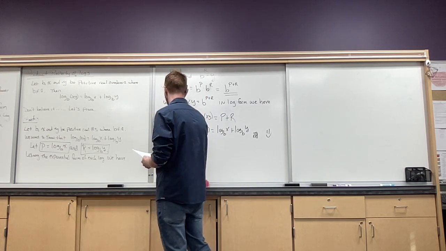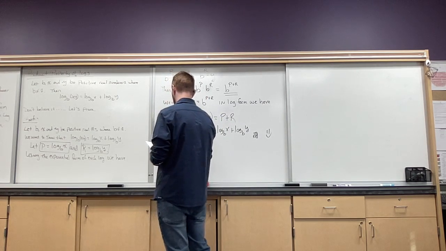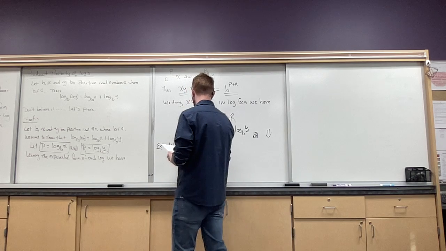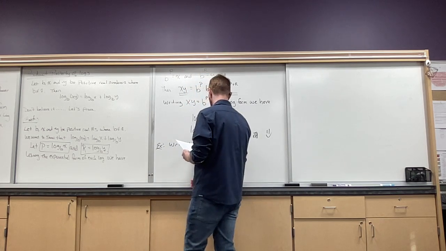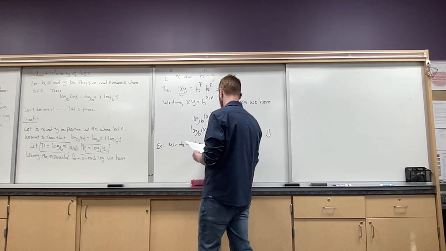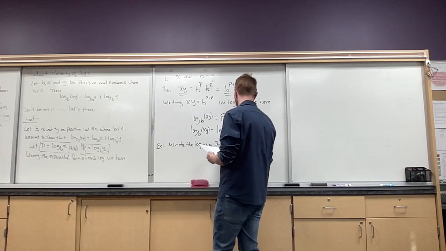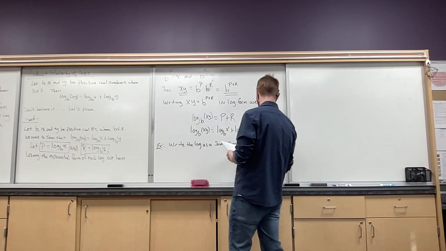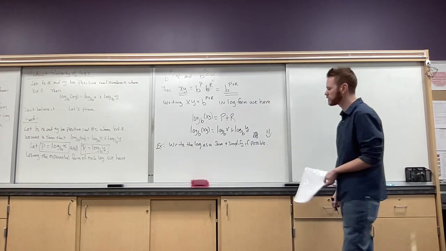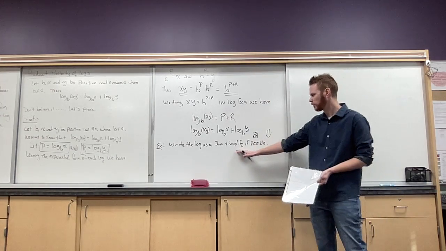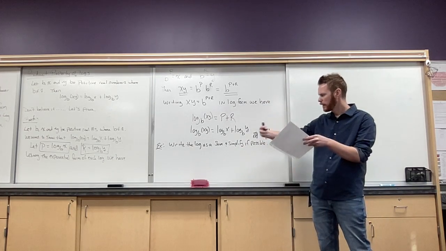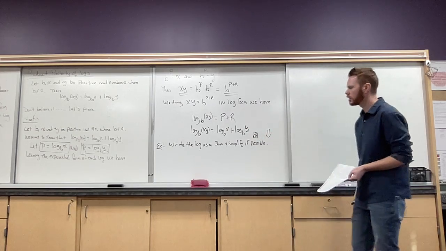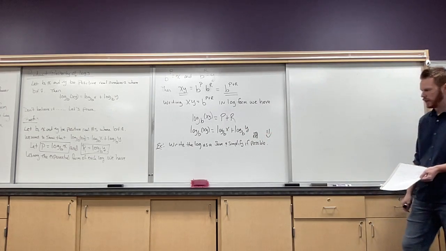So let's see, example. Write the log as a sum and simplify if possible. And that's always something you want to consider. When you actually break it into one or multiple logs, simplify as far as you can.